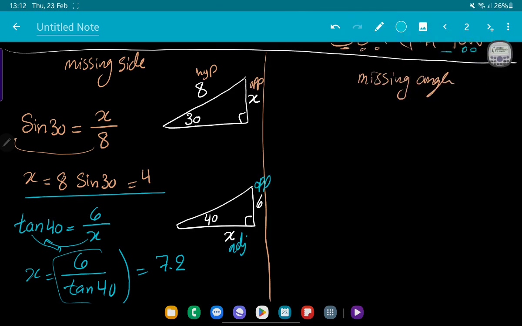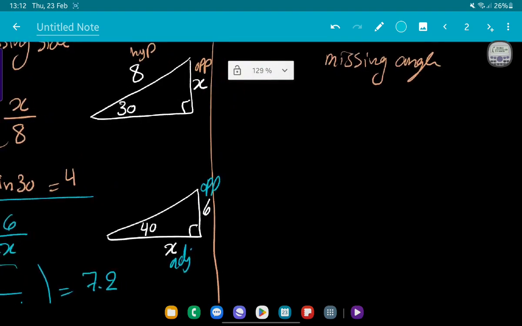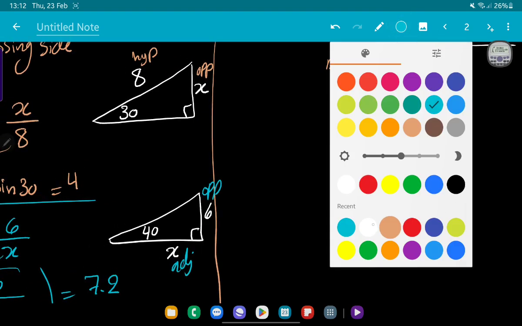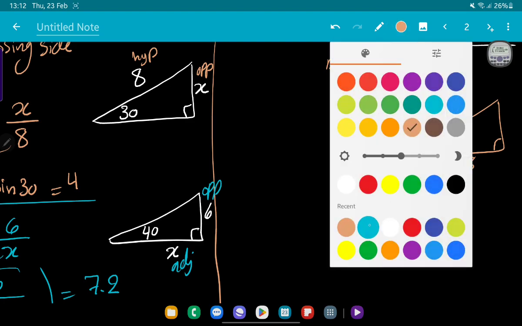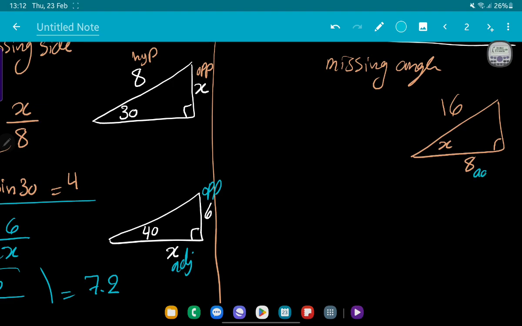So this is about the missing side. What about missing angles? We need to find out the measure of this angle, and we have the opposite, which is, for example, 8, and the hypotenuse, or let's try a different one. The adjacent is 8, and the hypotenuse, for example, is 16. Now what do you have in the problem? You have the adjacent and the hypotenuse.